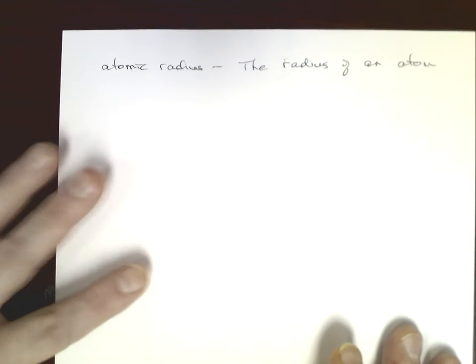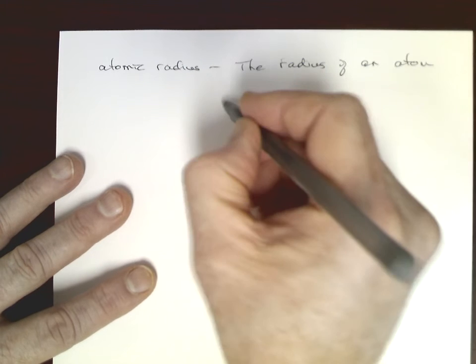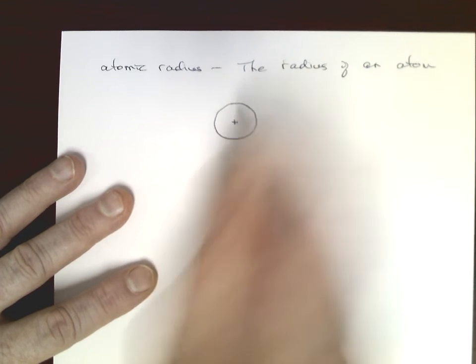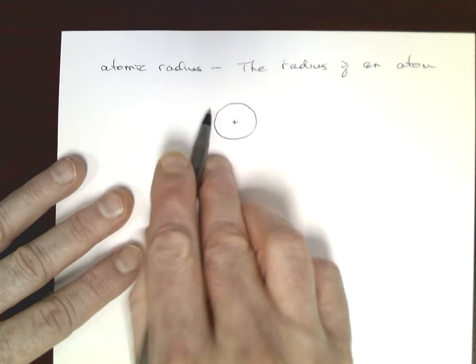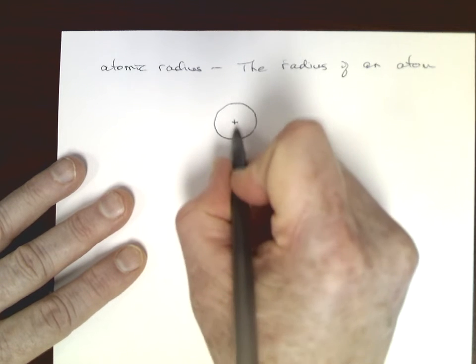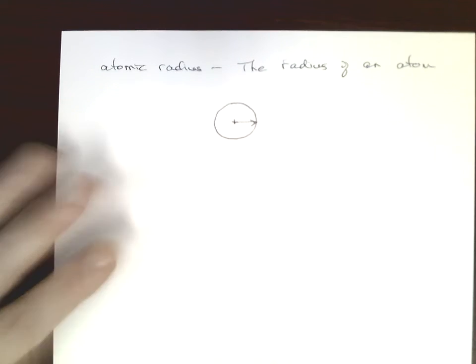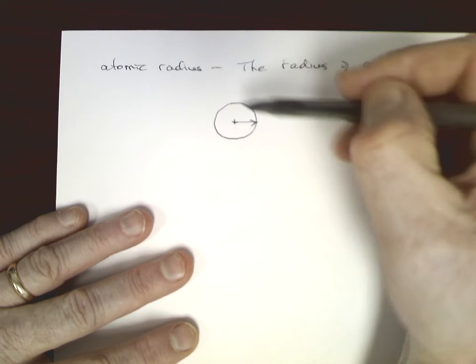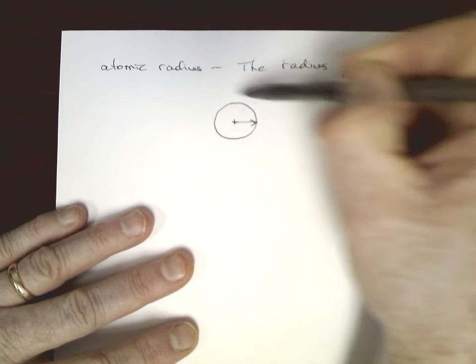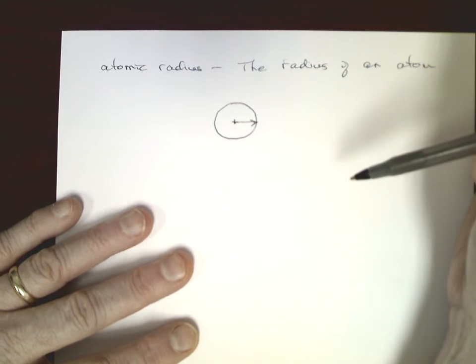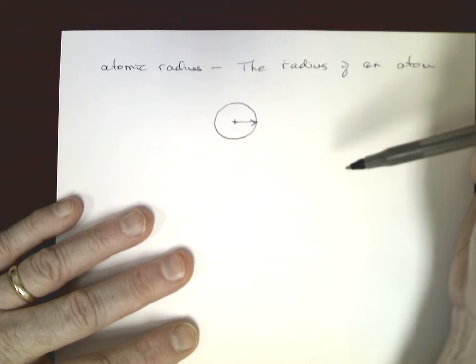Now, we've got a problem with that, in that if you were to take an atom, and here's the nucleus, and you want to say, oh, this is the radius from here to here, an atom isn't a circle. An atom has electrons in its valence shell, which live in orbitals, and those orbitals are the probability of where that electron is 90% of the time.